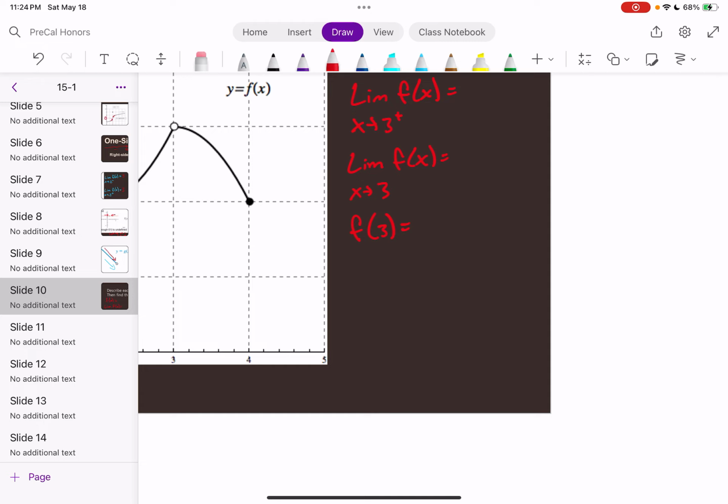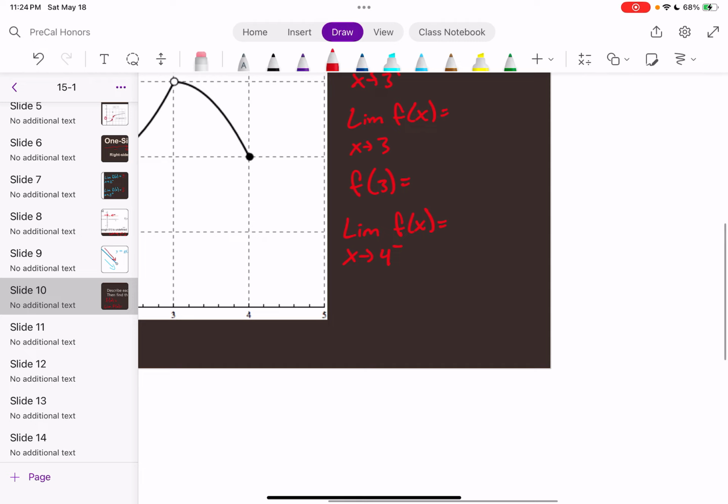Our last set would be the limit of f of x as x approaches 4 from the negative side. Notice we do not have it approaching from the right side, which means we do not have a 4 plus. And since we can't get both the left and the right side, we would not have a regular limit at 4. Our last one here would be f of 4.